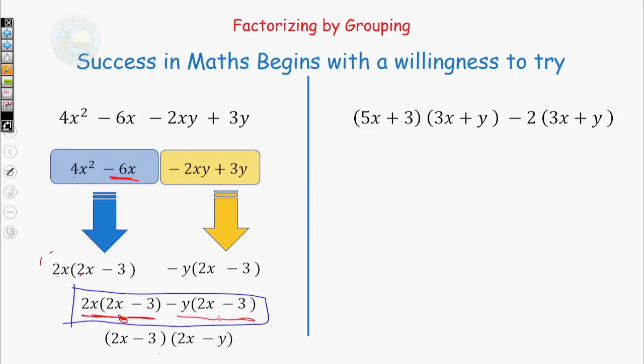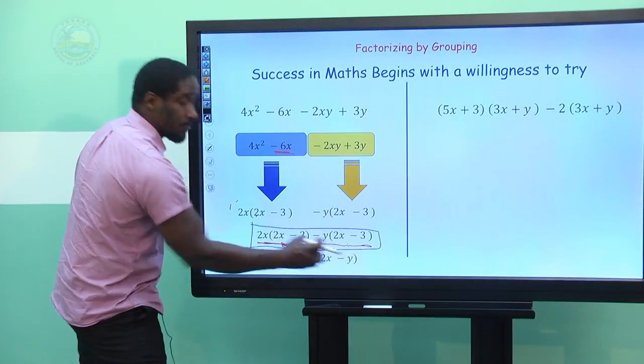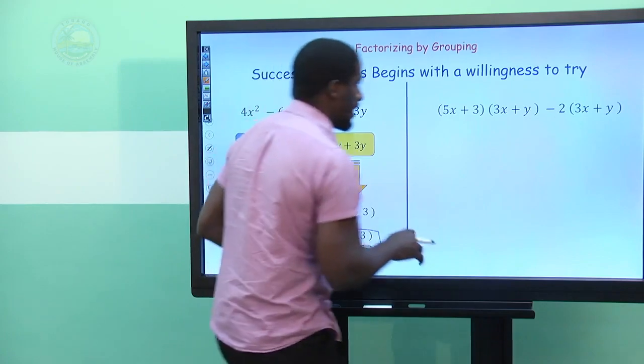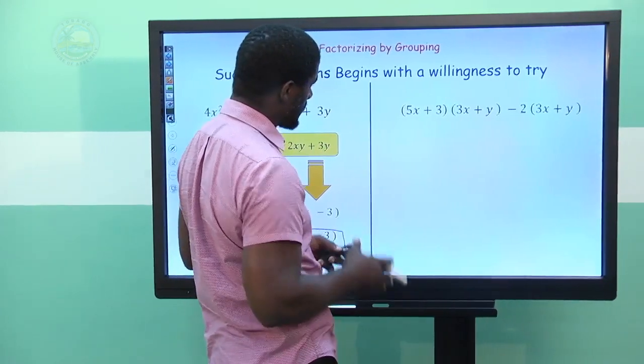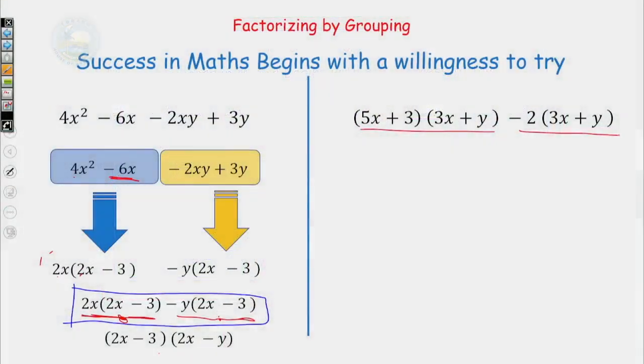So recognizing that they both had something in common, we factored out whatever they had in common. Now, if we look across here, this could be viewed as a term, and this is viewed as a term. These two terms have something in common. What do they have in common?